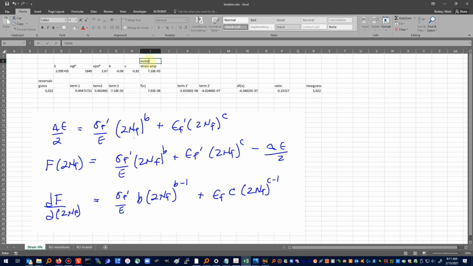Let's put a little note in here. Note: amplitude is half of range. Okay. And then we'll put a little note here. Note: cycles is half of reversals.